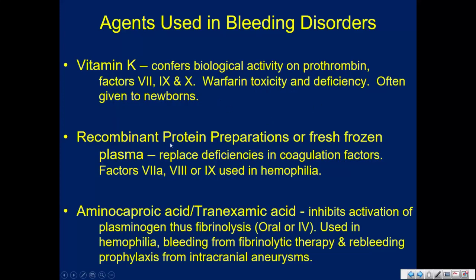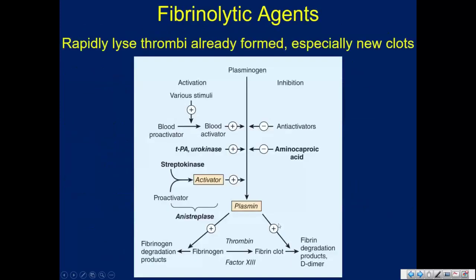We can also give recombinant protein preparations or fresh frozen plasma to replace deficiencies in coagulation factors. So, for example, you've probably been exposed to individuals with factor 7, 9, 8 defects, or in hemophilia. And finally, the drug I showed you earlier, aminocaproic acid, but also tranexamic acid, inhibits activation of plasminogen.